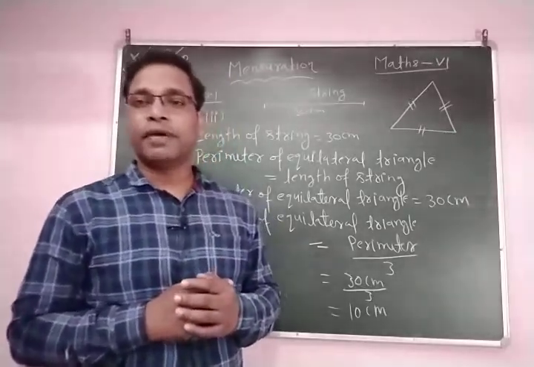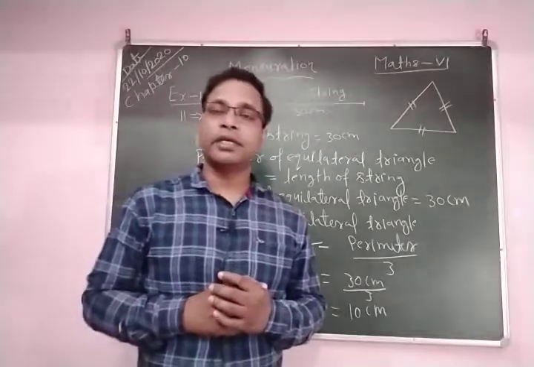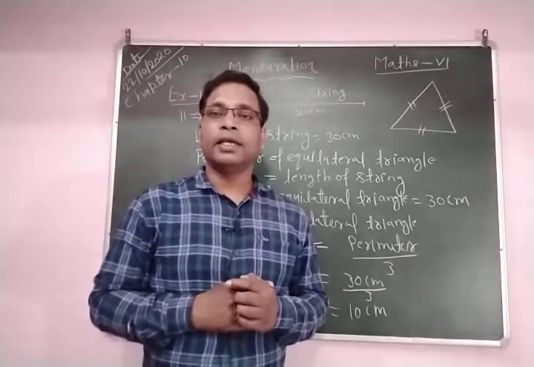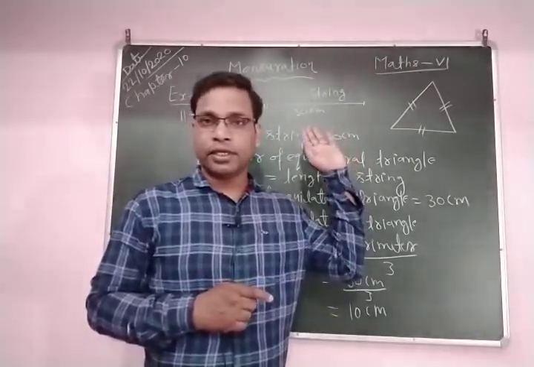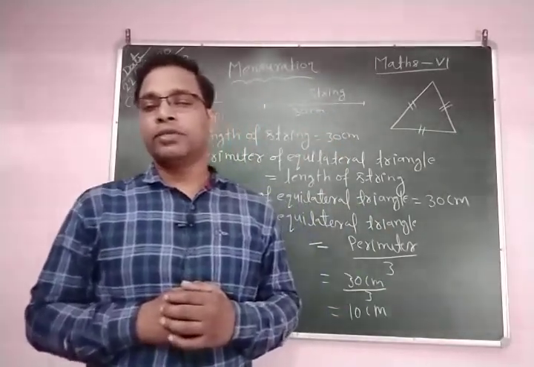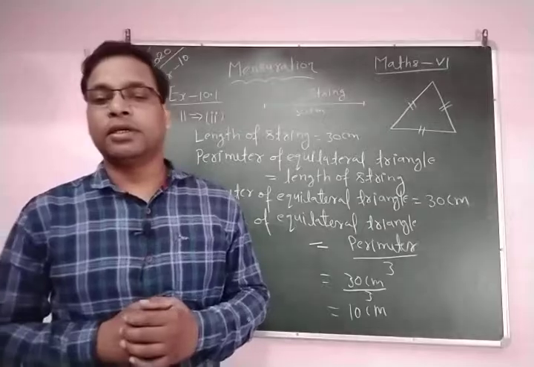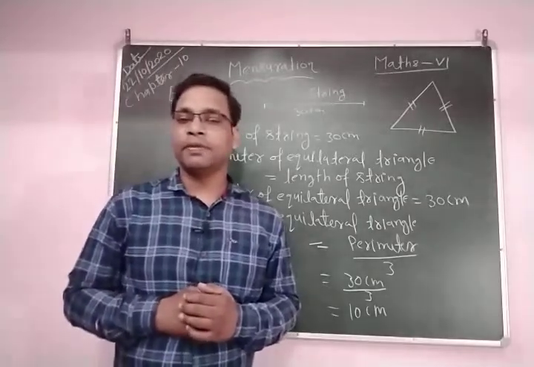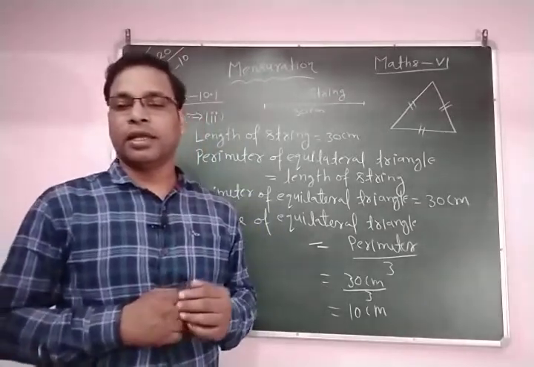Now this is the third part of this question. Again we will form a regular hexagon by using this string whose length is 30 centimeters. So we also need to find the length of the side of the regular hexagon.